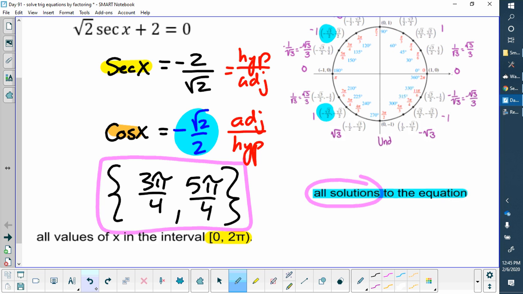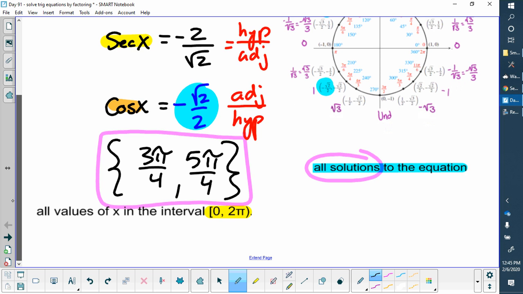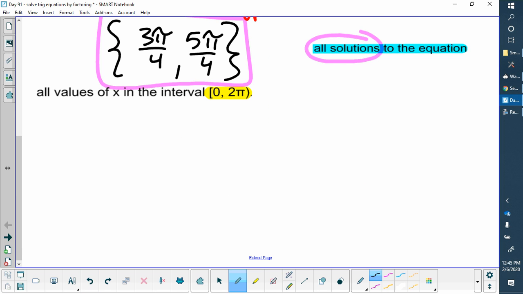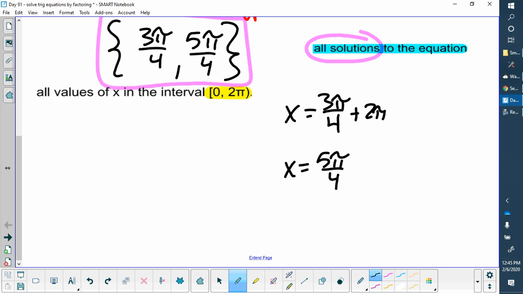So if it does say all solutions, the notation here is a little bit funky. I would say x can equal 3 pi over 4, or x can equal 5 pi over 4, or I can just keep going around. If I'm not limited to 1 lap around the circle, I could say plus 2 pi n, because again, 2 pi is 360 degrees.